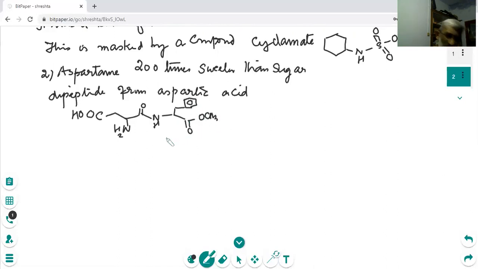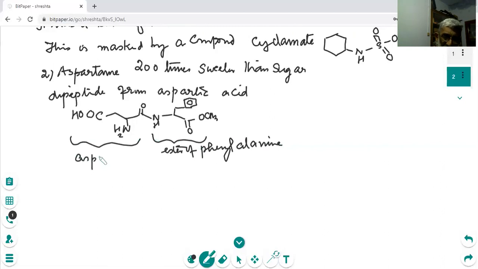So this part is the ester of phenylalanine, which is an amino acid. And this much is aspartic acid. So these are the compounds.